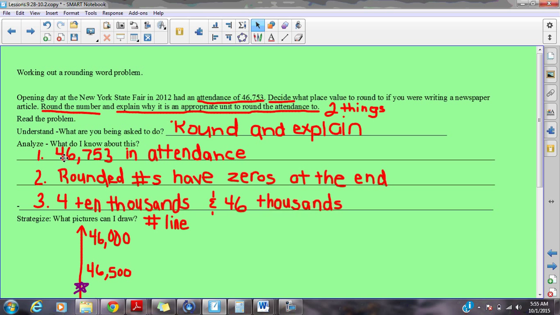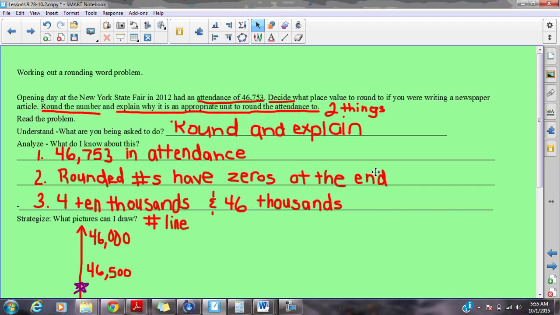So I wrote that down, 46,753 in attendance. Okay? Now, I have to dig. I'm being asked to round, so I need to know something about rounding. And as you know, we've been learning about rounding. Well, one thing I know is that when I round a number, it has zeros at the end.